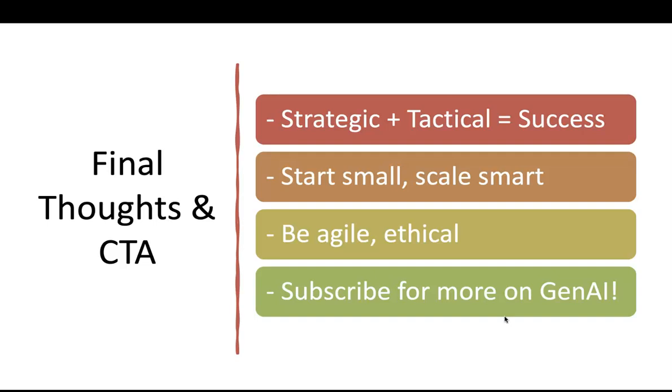So what are the final thoughts? Always make sure you use strategy as well as good practice for getting success, and always start small and then scale. The best thing is following a responsible methodology, and ethics is also very important. Even if a human speaks abusive language, we can't tolerate that, right?